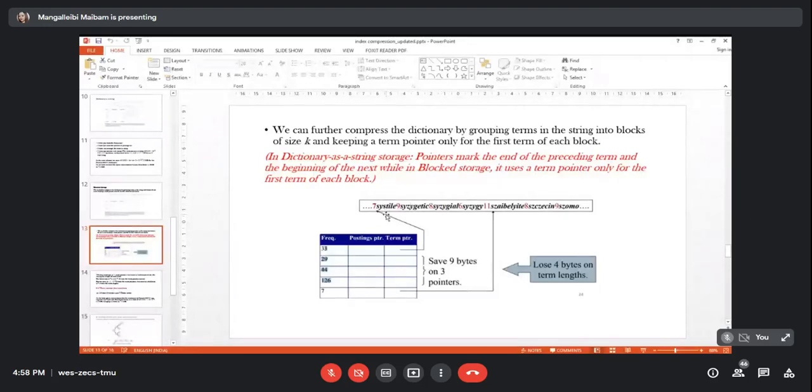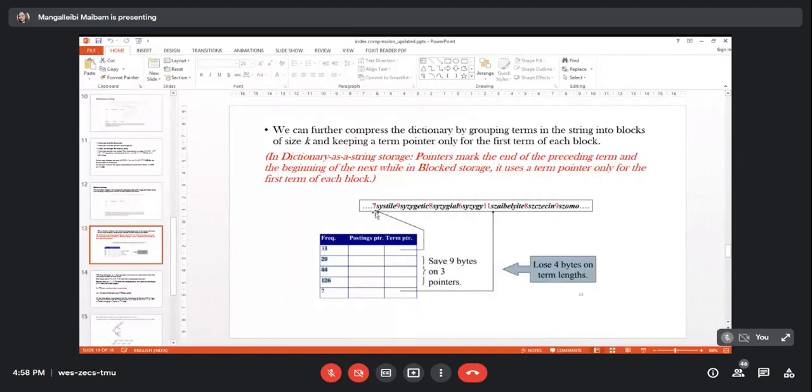But since we are using the pointer only for the first term, the pointers for these 3 terms have been saved. That means 3 bytes for each term, 3 into 3, so 9 bytes has been saved using block storage.